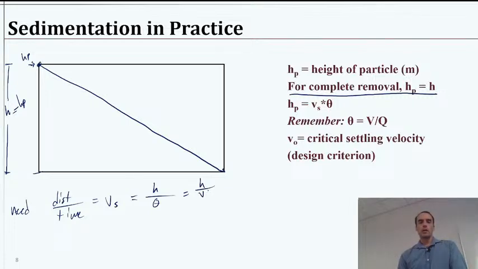So Vs is going to be h over theta, which is h over V over Q. At this point, the V is starting to tell us something about the reactor dimensions itself. The h and the V both relate to the reactor dimensions. So assuming we can't really mess with Q, what we can mess with is the reactor dimensions.